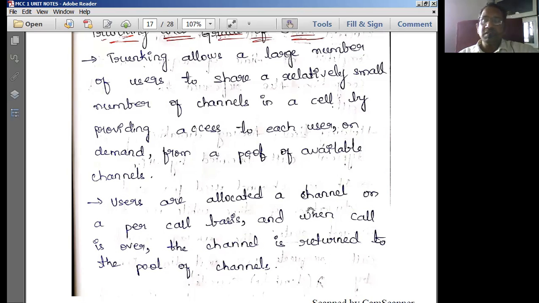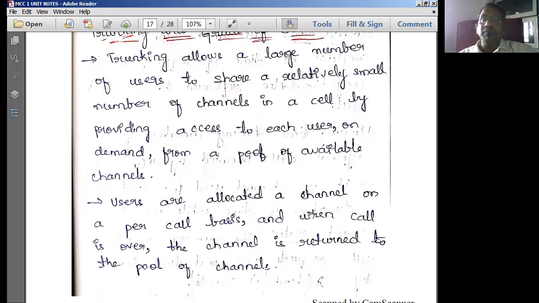So every base station has some limited number of channels available. It provides communication between two mobile units based on a limited number of channels. Say the practical scenario: the number of users is increasing day by day. Today, the base station has been designed to accommodate 100 mobile users or 100 mobile stations.